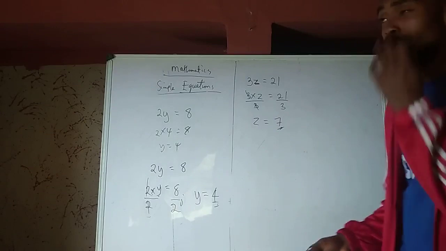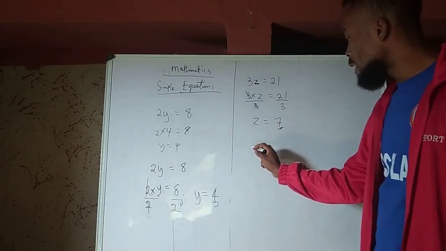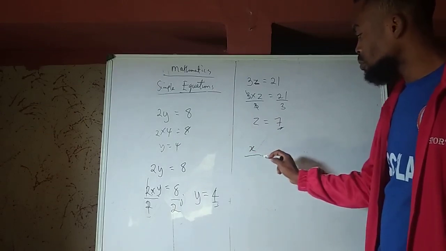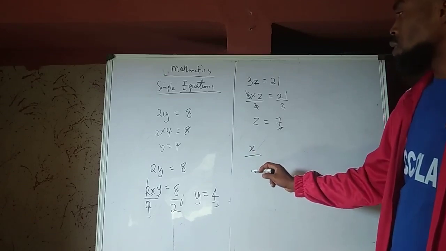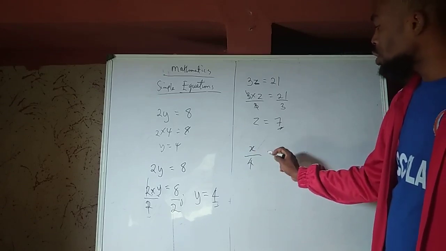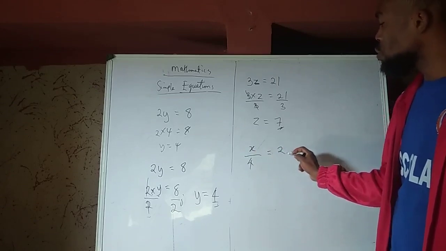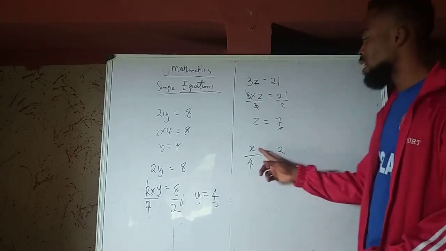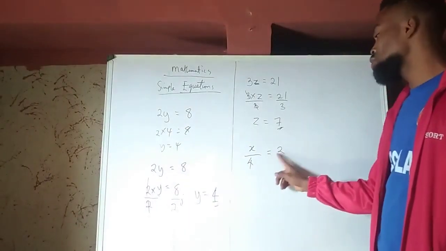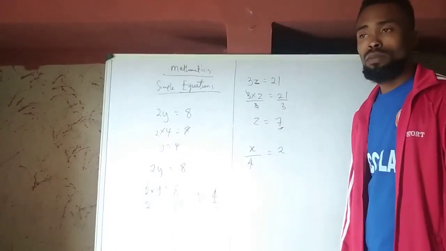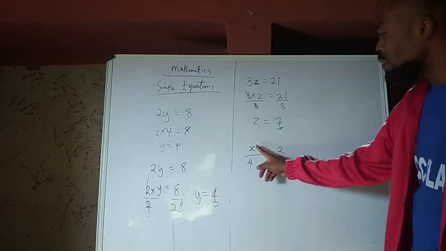Now what about if we have x over 4 equals 2? The question is, what is the value of x?